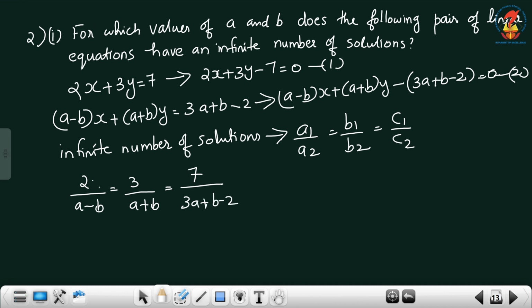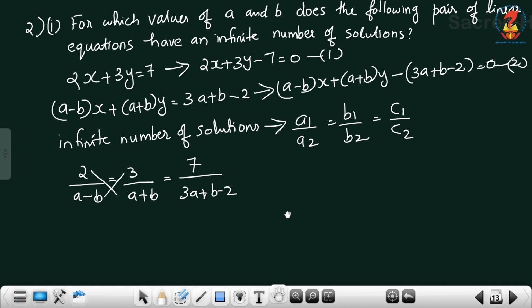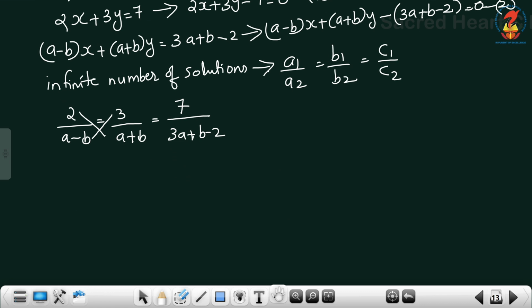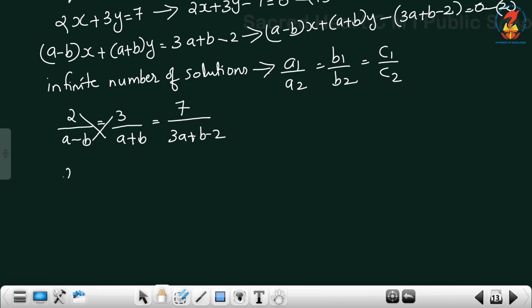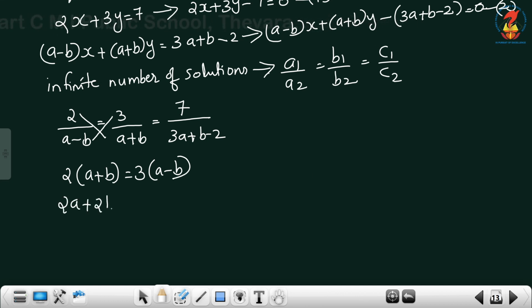Okay. First you cross multiply these two fractions, then how can you write it? 2 into A plus B equal to 3 into A minus B. 2A plus 2B equal to 3A minus 3B.